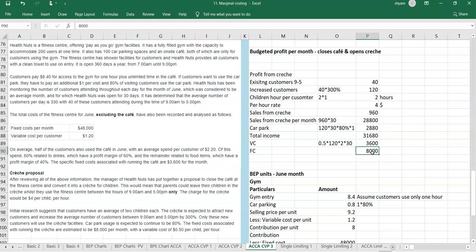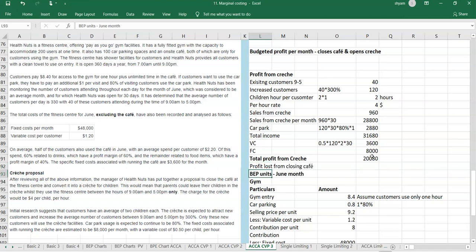So this is the total cost here, and we'll get the total profit from Creech. So it would be 20,800.